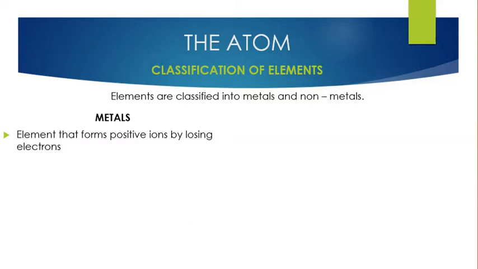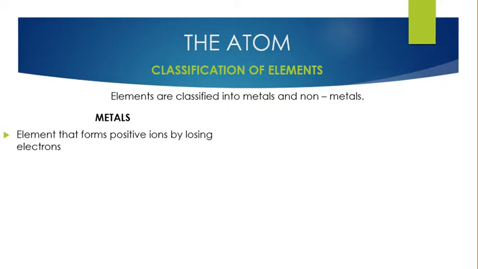Now, let's say the element calcium that we looked at, right? Its electronic configuration was 2,8,8,2. There were 2 electrons in the outermost shell, right? Yes.